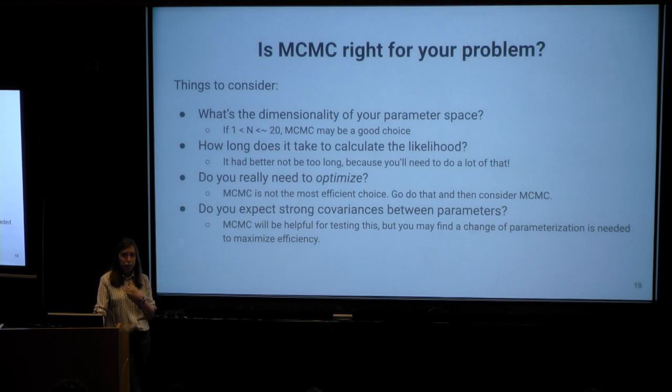So if you're, say, trying to constrain the parameters that go into a full-scale cosmological simulation, and you have to rerun the simulation with new starting parameters every single time in order to evaluate the likelihood, MCMC just isn't going to be practical for this, and you'll have to find workarounds.